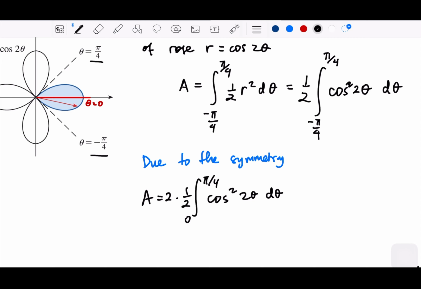And still, how to solve this? We have a squared trigonometric cosine. What's the basic idea? Anyone remember how to solve this?